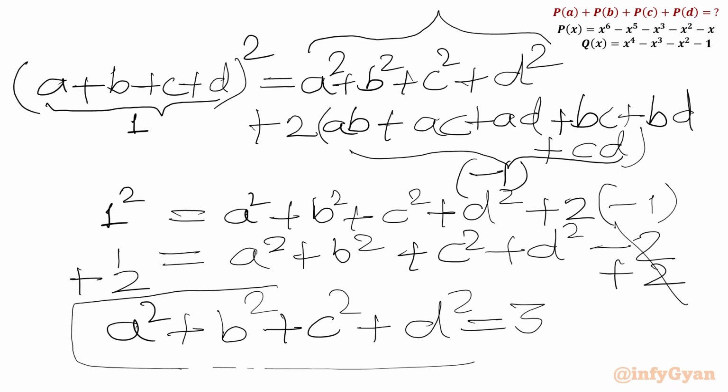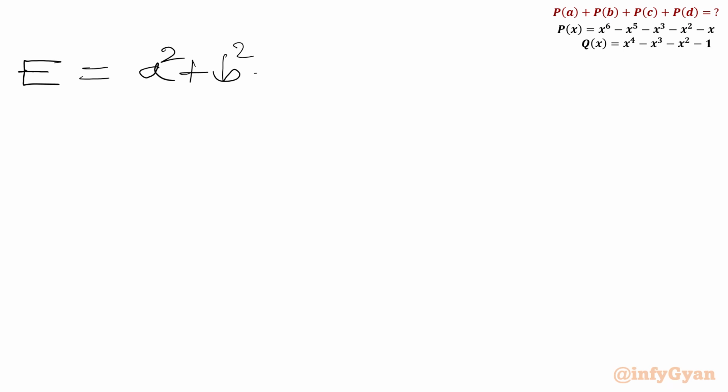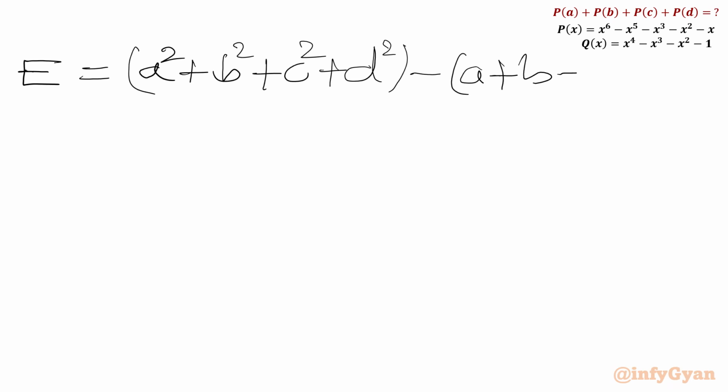Now we only have to evaluate our required expression E. Let me write E equal to P(a) plus P(b) plus P(c) plus P(d). We write a square plus b square plus c square plus d square minus (a plus b plus c plus d) plus 4, that is 1 plus 1 plus 1 plus 1.